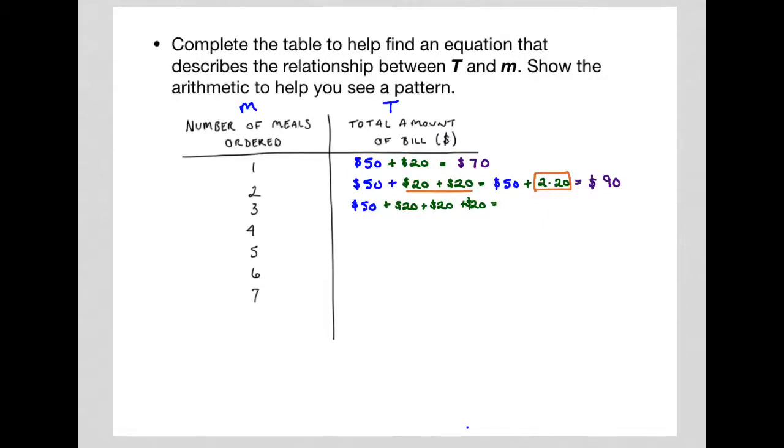We could simplify that down to our one-time fee of 50 plus 3 times 20. This will result in a grand total of $110. Now I would like you to pause the video and finish filling out the scenarios for 4 meals through 7 meals. Once you restart the video, those solutions will be available to you to check.